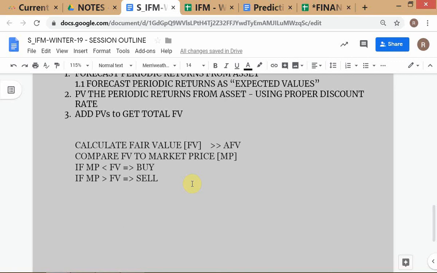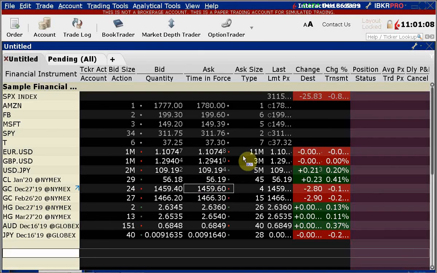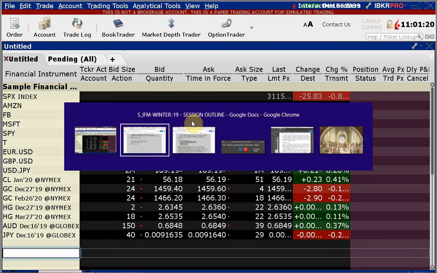Why is it conceptually like selling the project? Imagine that the project was actually being actively traded on a platform like this. If it had a market price which you felt was too high compared to the fair value, then you would sell it. What do you believe if you are in this box?